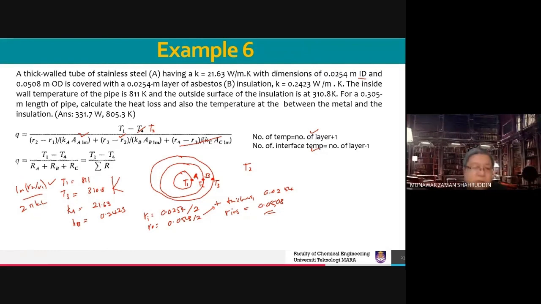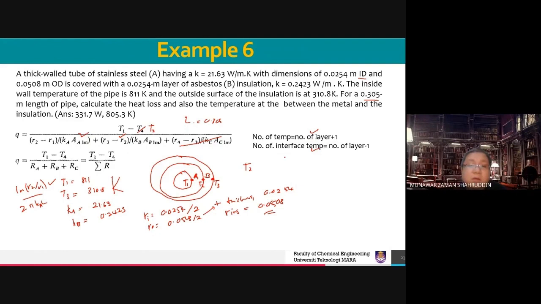So if the layer is A, you're referring to K of A because the L is the same. L is 0.305. So this one is Q. Once you get Q, you will get T2.